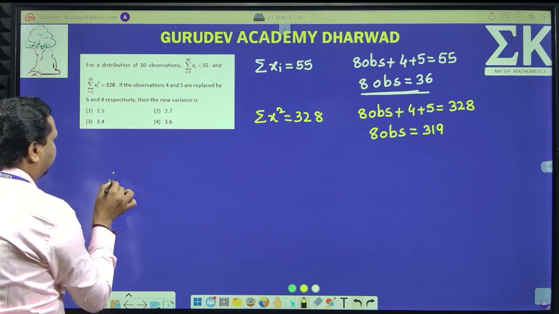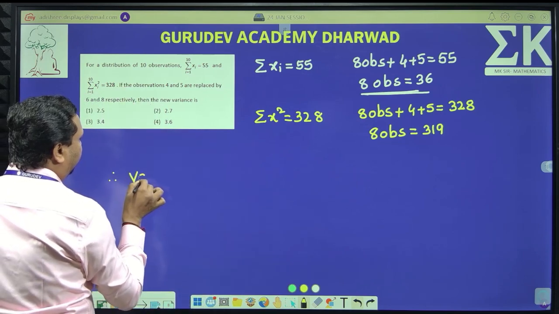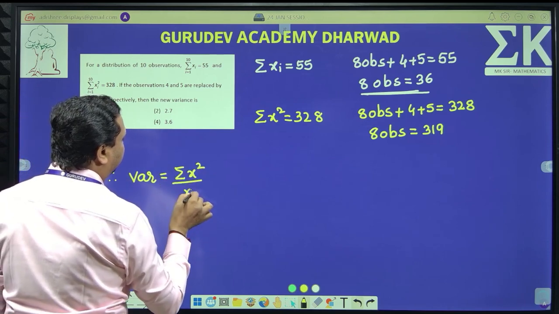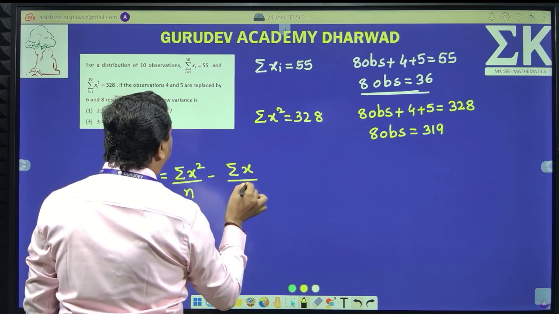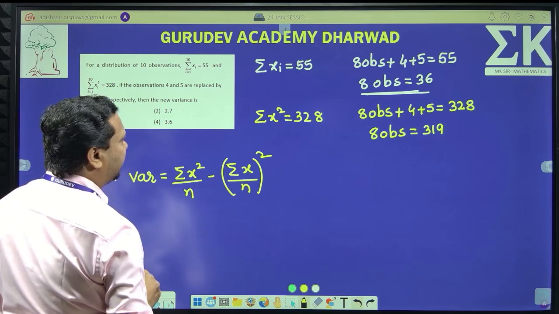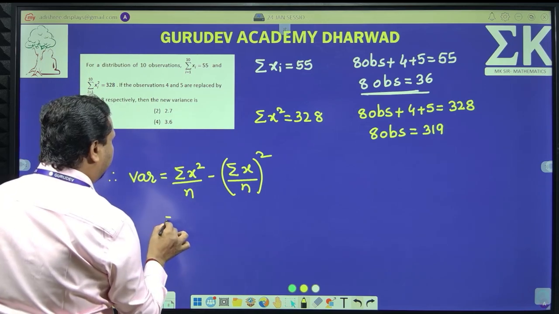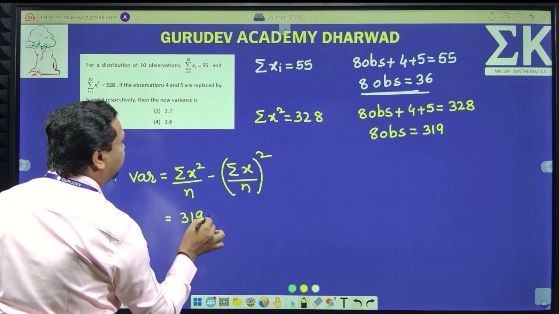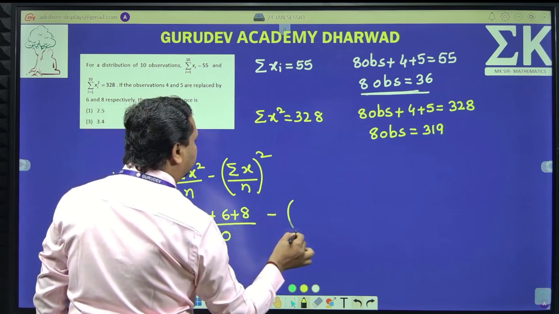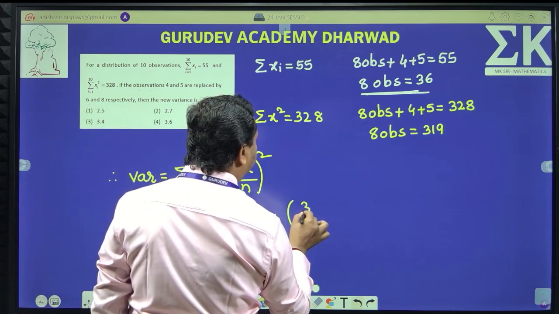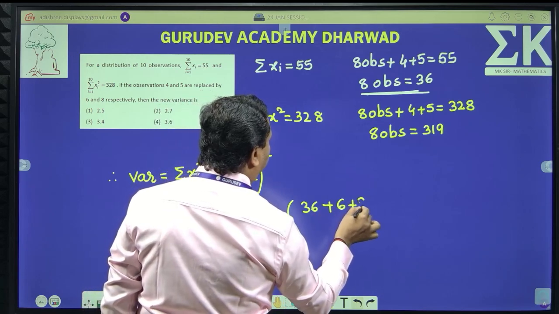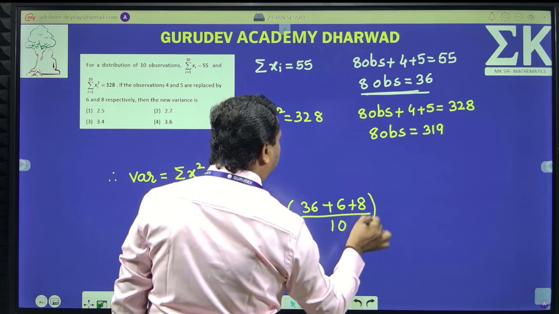Then the variance is equal to sigma of x square divided by n minus sigma of x divided by n, the whole square. What is sigma of x square? That is the 8 observations' sum plus 6 plus 8, divided by 10, minus sigma x, the 8 observations' summation is 36, new values are 6 and 8, divided by 10, and whole square.